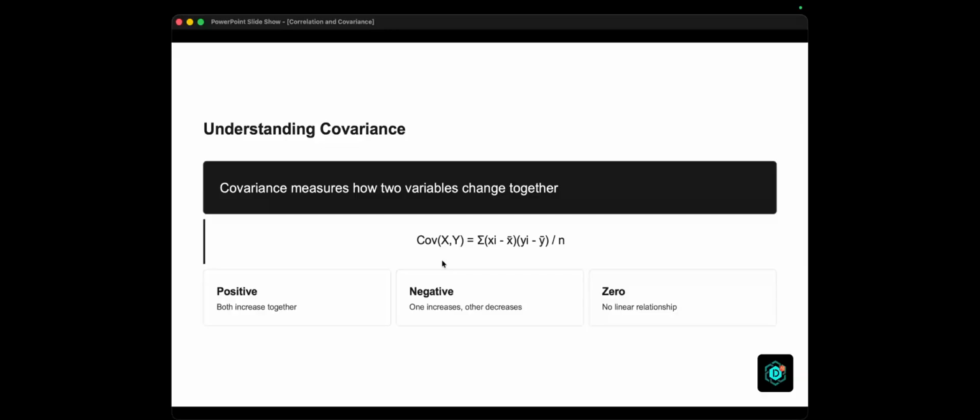This number could be positive, could be negative, and could be zero. If it's zero, it means there is no linear relationship. They are not increasing together. They are completely unrelated to each other. I'll give you an example of that. Zero relationship.